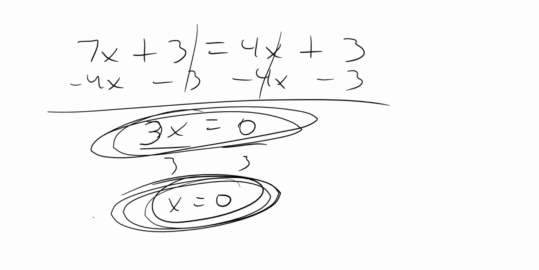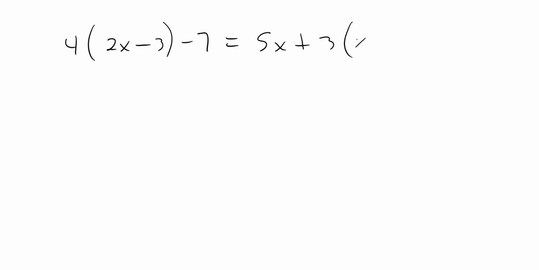Let me give you a kind of a long one. 4 parentheses 2x minus 3 minus 7 equals 5x plus 3 times x plus 2. You're going to do everything the same thing.